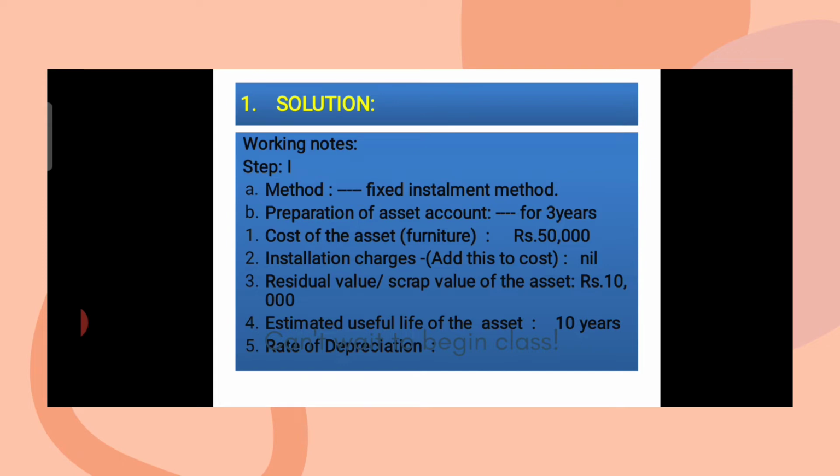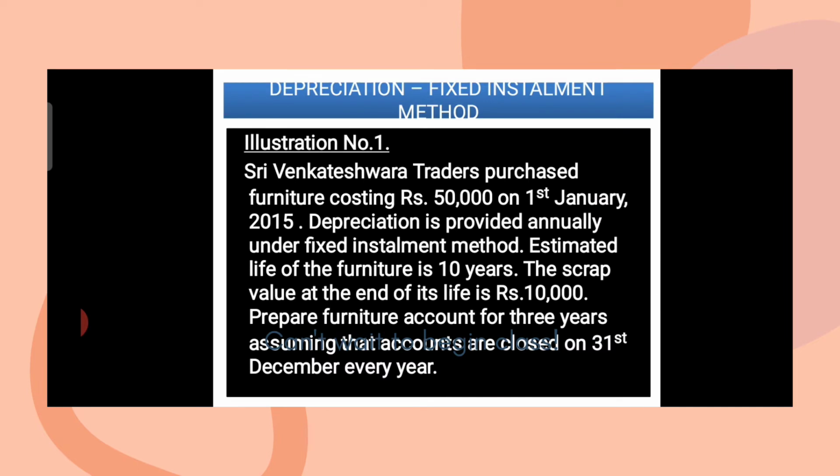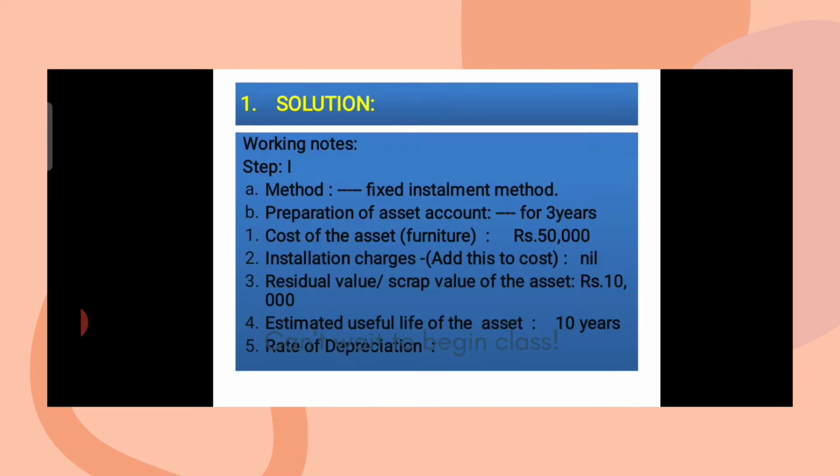So 3 years. In the last paragraph of the problem, prepare furniture account for 3 years, assuming that accounts are closed on 31st December every year. So here we need to prepare the asset account for 3 years. This is point B.